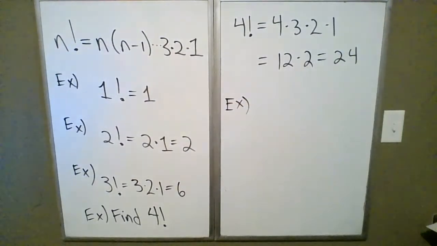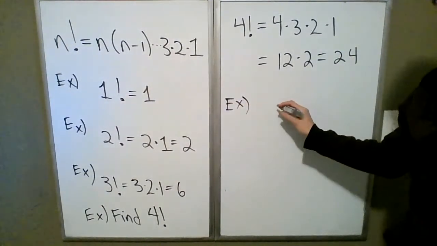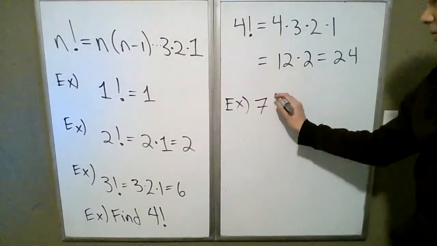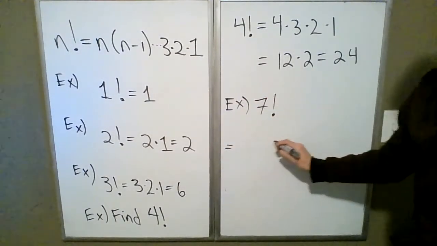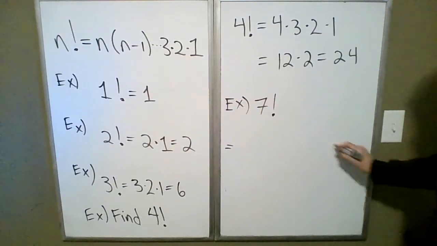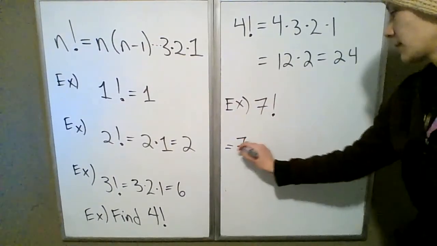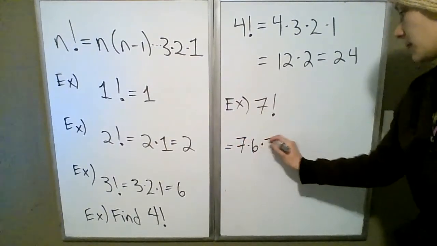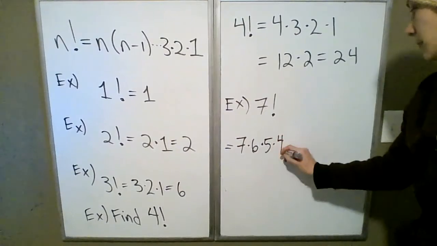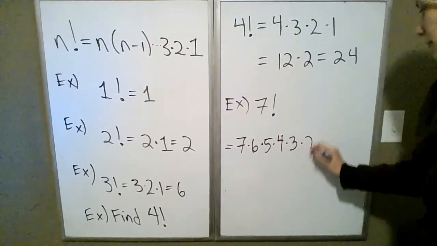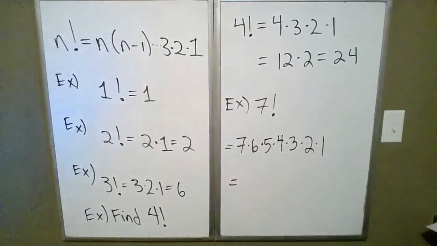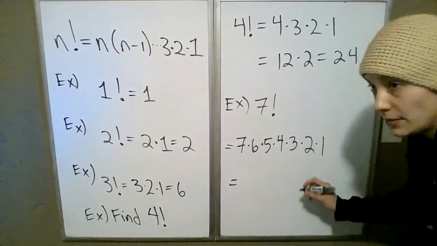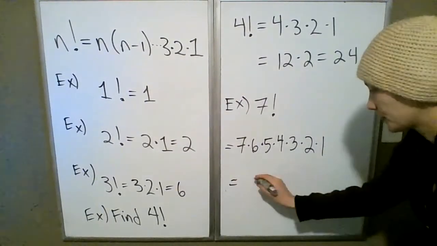Okay, skipping to 7 factorial. We're going to take 7, multiply with 6, then 5, then 4, then 3, then 2, then 1. I got 5,040.